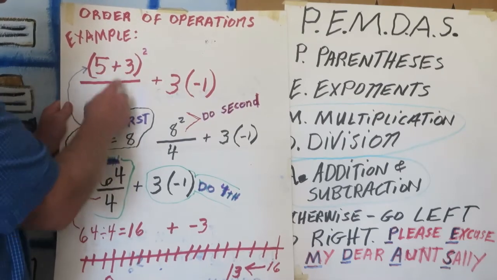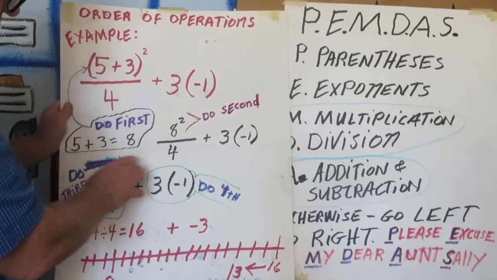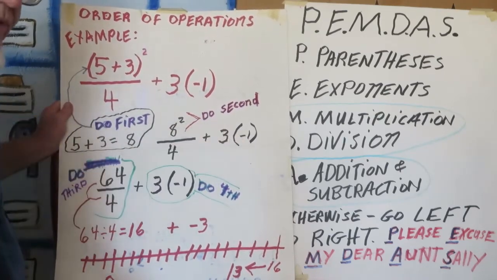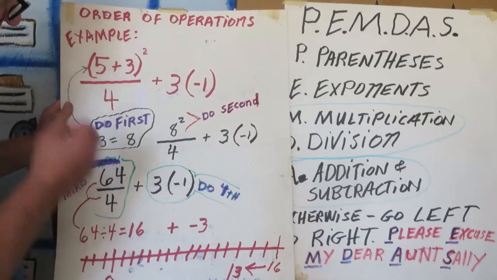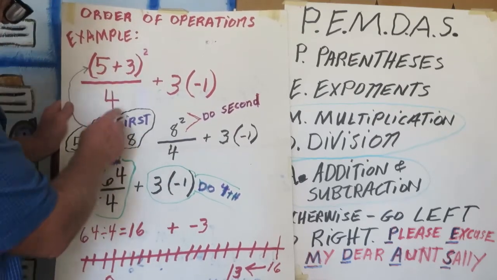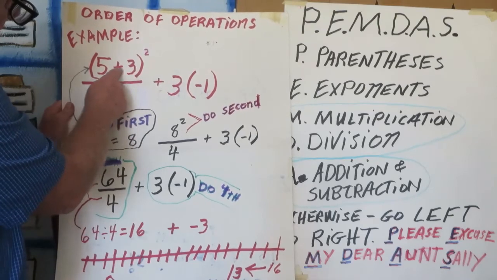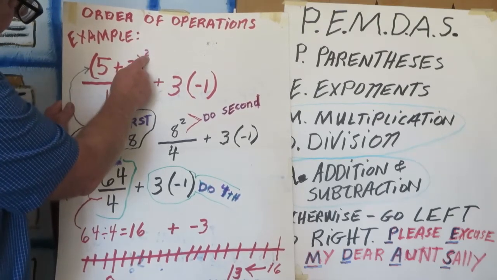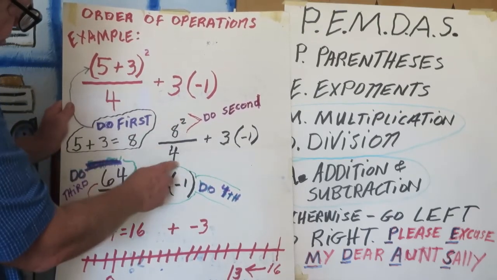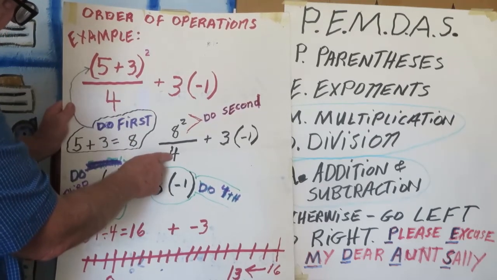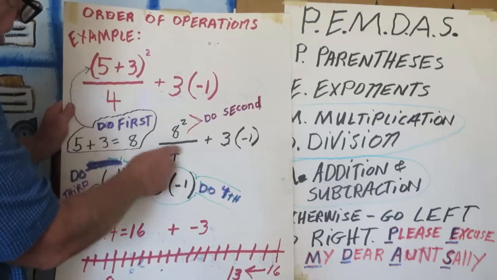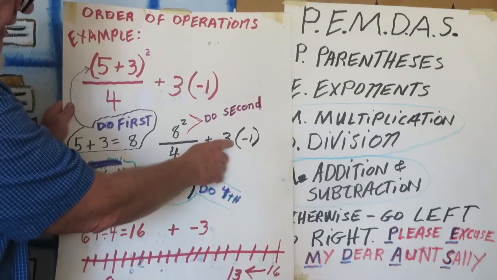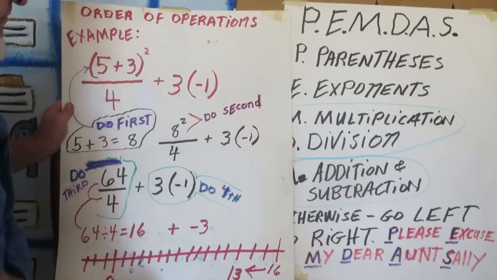And then I wrote it all out again. Notice that I don't change too much each time. I take it in steps. So now 8 to the second power over 4, just as it was here, plus 3 times a negative 1.